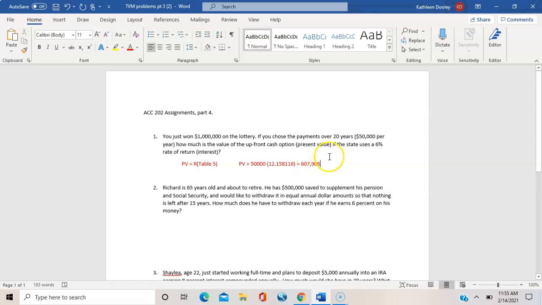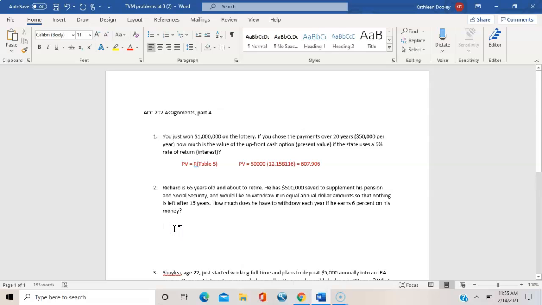So that would be the present value of that $1 million. It's $1 million, but it's spread over 20 years. So it's not really worth $1 million. It's only worth 607,906. That's if we get the payments at the beginning of each period.